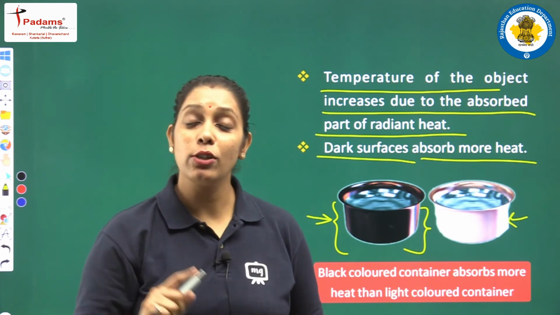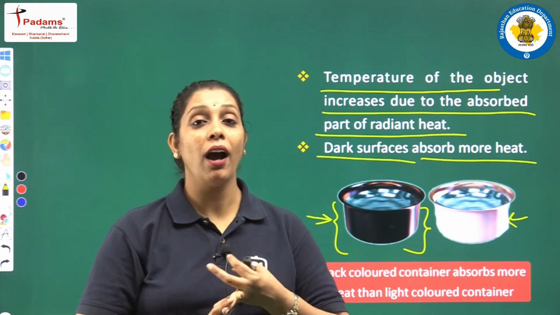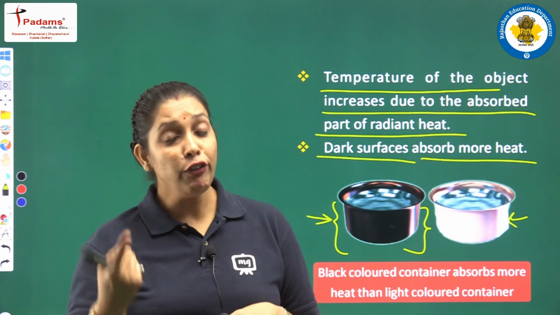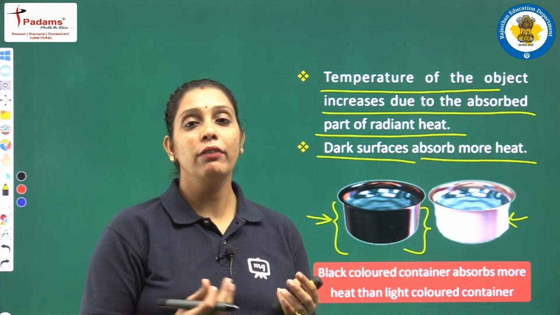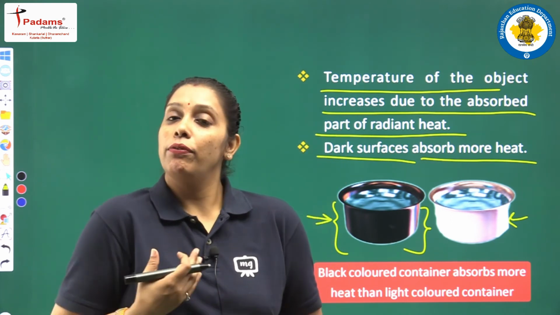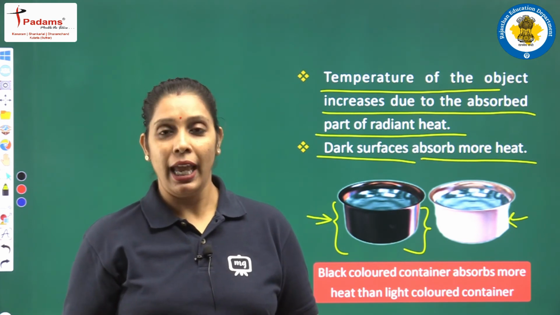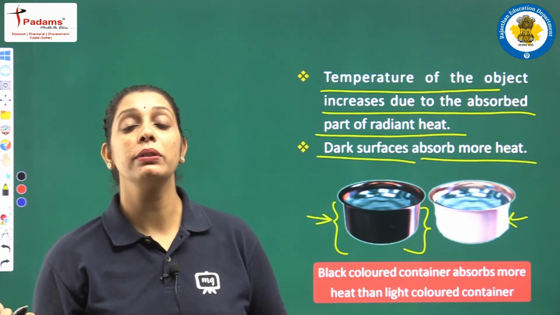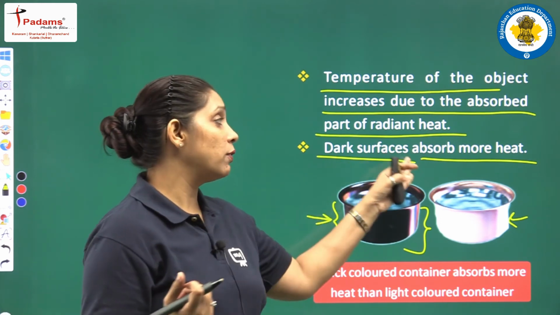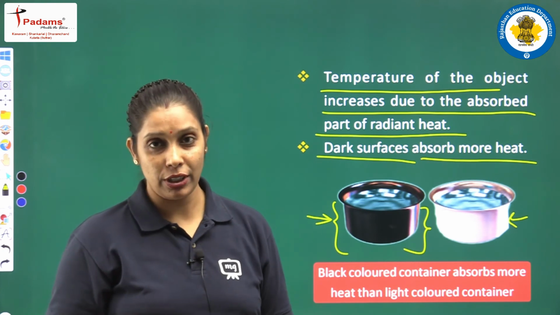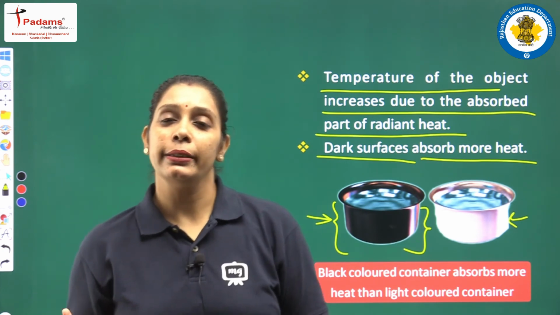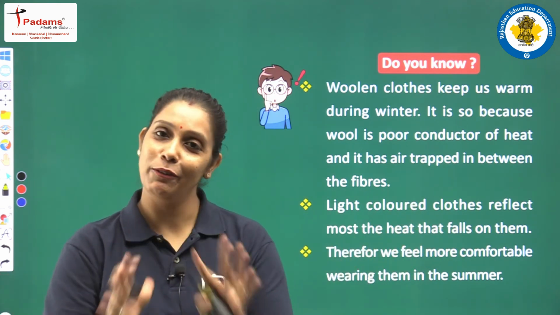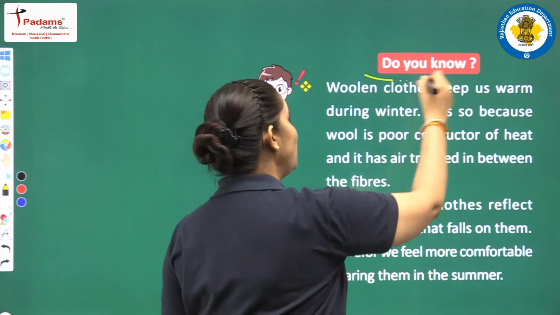Fine beta, that's why in summers we are usually wearing light colors, because if we will wear the dark colors, they will absorb the heat and make us uncomfortable. एंड अपोजिट होता है विंटर्स में। विंटर्स में हम डार्क कलर क्लोथ्स पहनना पसंद करते हैं बिकॉज द डार्क सरफेस एब्जॉर्ब मोर हीट.